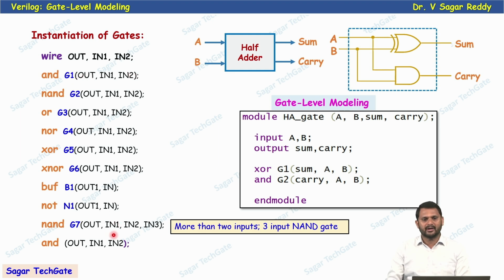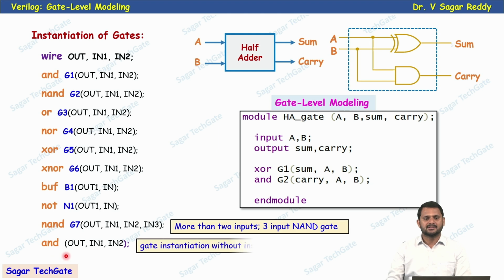We can use more than two inputs also, like in1, in2, in3. In the case of buffer and NOT, we have only one input and one output. So while instantiating these gates, remember the first signal represents the output and all the remaining signals represent the inputs.